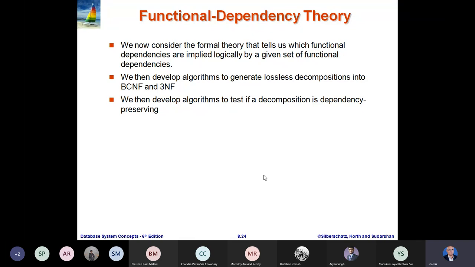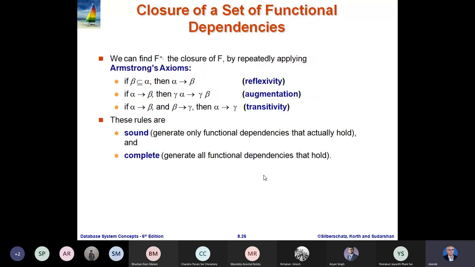So that is what we have already studied, and we said that it is with respect to a given set of functional dependencies F on a schema R, and these BCNF definitions are all with respect to the closure of F that we denote as F plus.